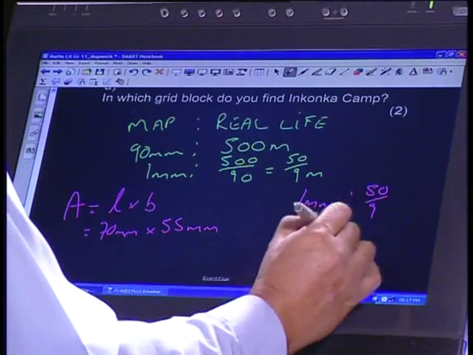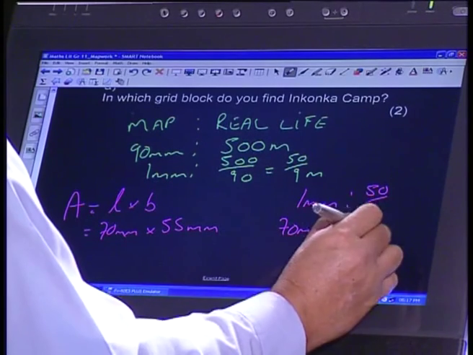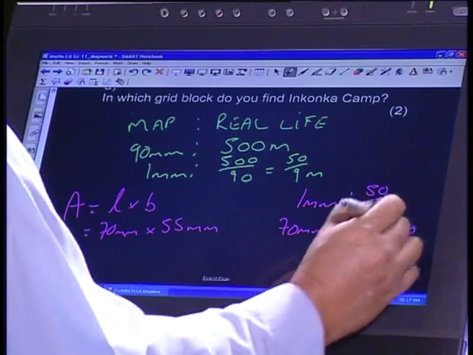So let's have a look at this. I know 1 millimeter was equal to 50/9 meters. So 70 millimeters is going to be 50/9 times 70.